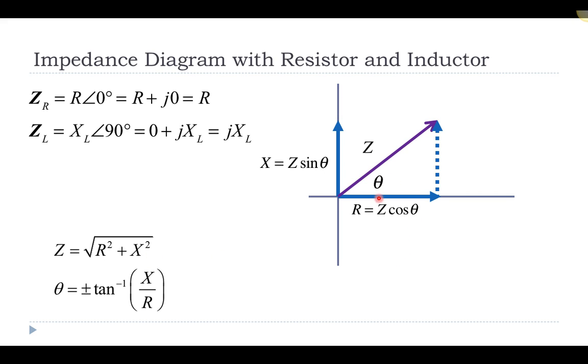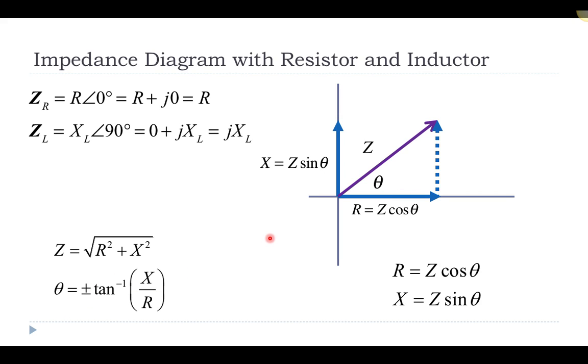And I can find the angle by using the inverse tangent of the opposite side, which is the reactance piece, and the adjacent side, which is the resistive piece. And I know there's a plus minus here. If it's strictly inductive, then the inductive piece is always going to have a positive imaginary part, and so that angle will always be positive. That's not going to be the case when we talk about capacitors, so that's what that plus minus is there for.